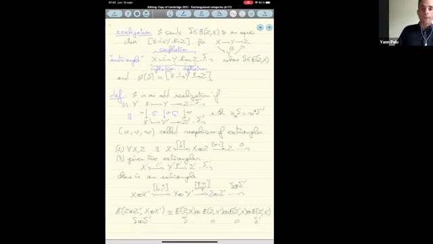So a realization sends extensions to X triangles in such a way that morphisms of extensions induce morphisms of X triangles, and some natural additivity conditions are satisfied. So there are split extensions corresponding to the 0, split X triangles corresponding to the 0 extension, and direct sums of X triangles are X triangles.